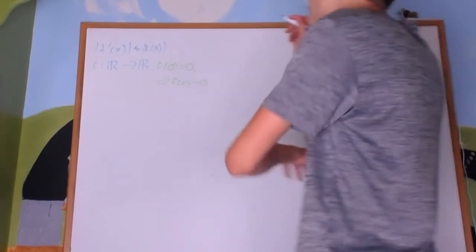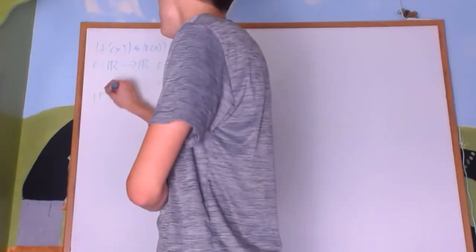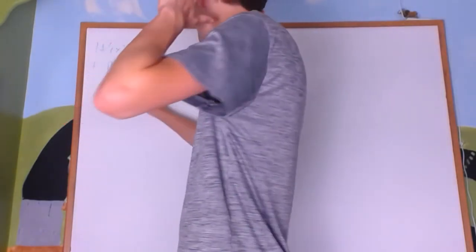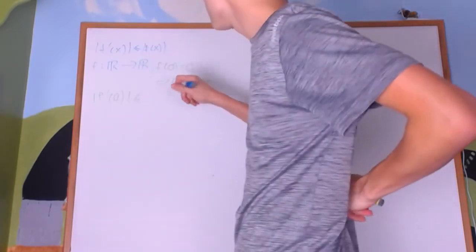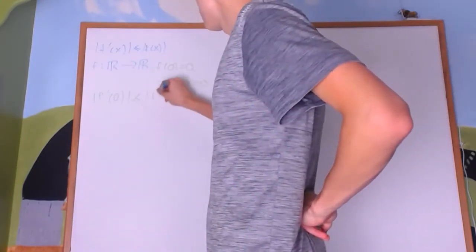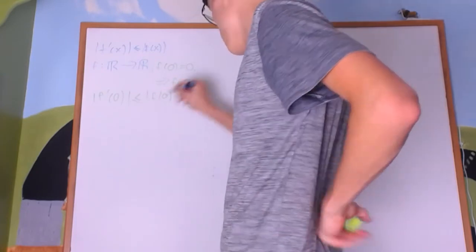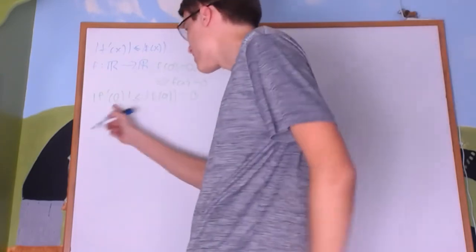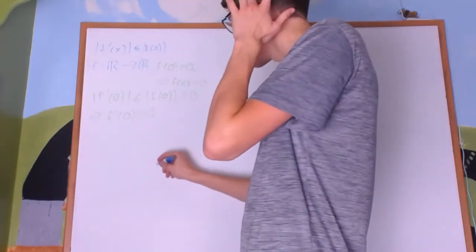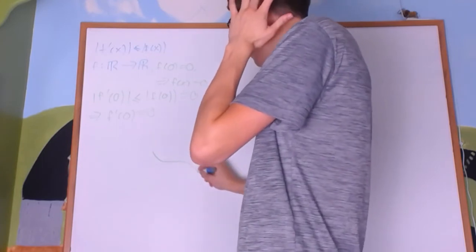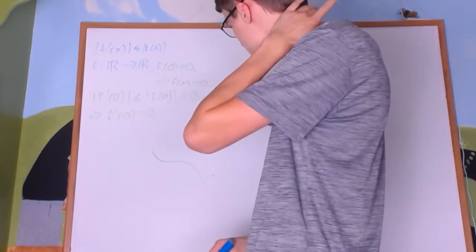Wait a minute. Wait. So that means that the derivative at... shut up, don't give me a hint. The derivative at 0 is less than or equal to f of 0, which is 0. So that it's less than or equal to, it's an absolute value, which means that f prime of 0 is 0, meaning it is a minimum, maximum, or inflection point at 0.